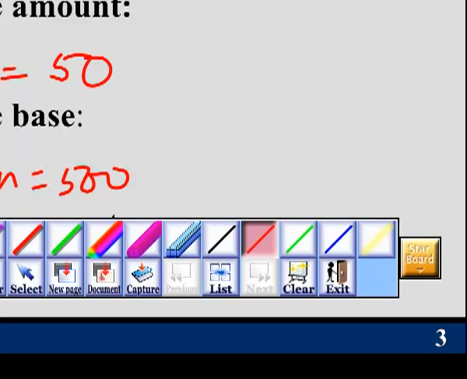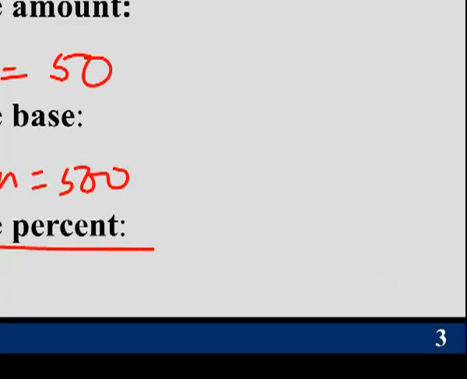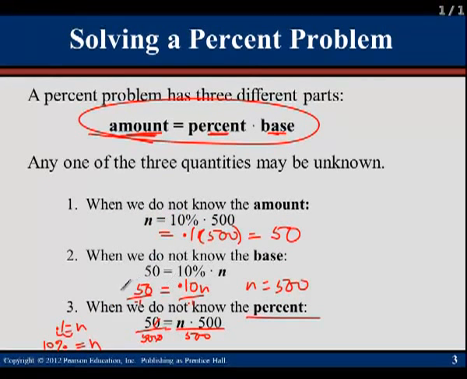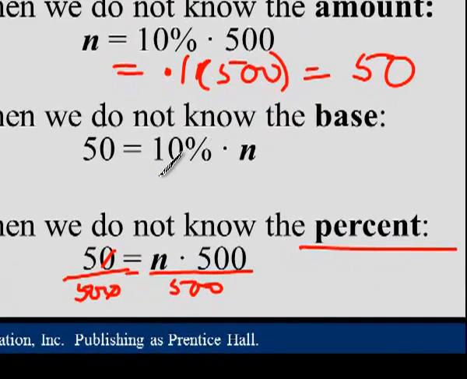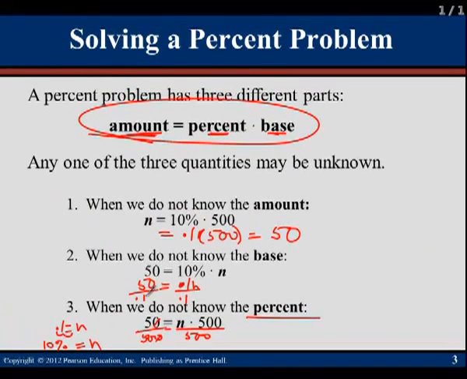On the second one, right here? Okay, basically what you're doing is you always have to convert the percentage to a decimal. So that would be 0.1 n equals 50, right? And so now all you're doing is dividing by 0.1. You're just solving algebraically.